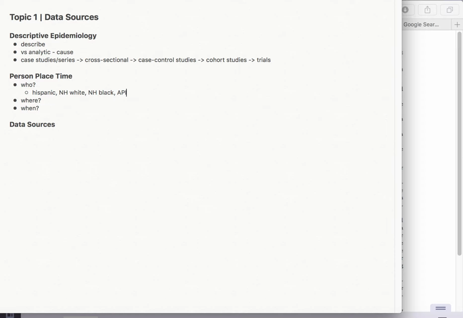It's implied here that these are non-Hispanic Asian Pacific Islander. Sometimes we'll have Native American Alaskan as another category, but generally we include that with a category called other. So we end up with these groups that are supposed to be mutually exclusive. Other might include things like multiracial.